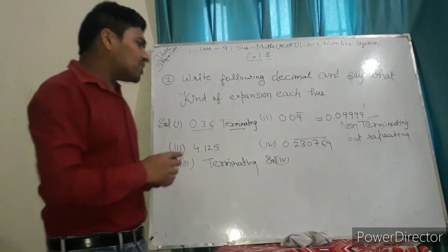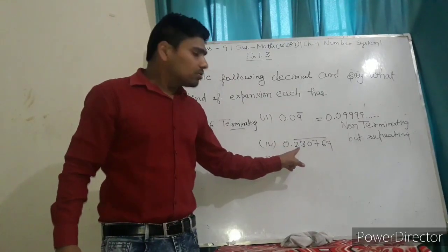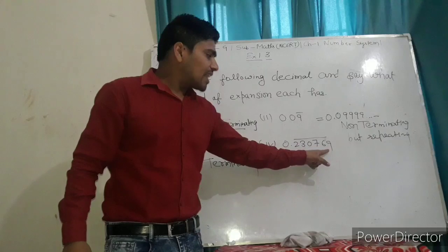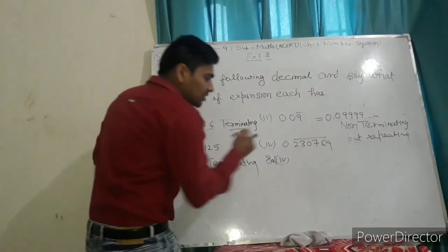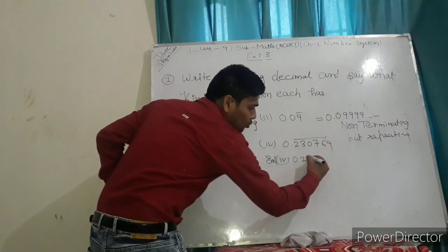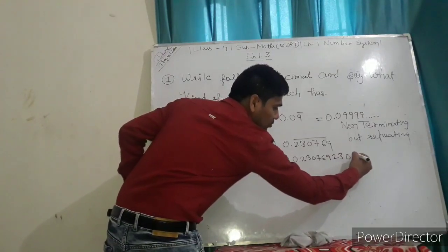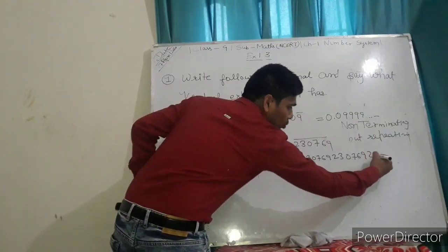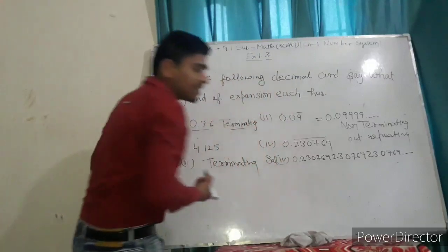Now you are observing that the number is 0.230769 and there is a bar above that block. It means the number is like this: 230769, 230769, 230769 and so on.